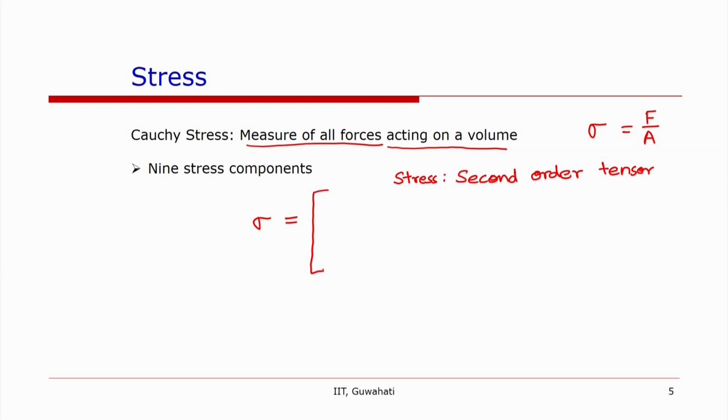If we write this down as a matrix: sigma xx, sigma xy, sigma xz, sigma yx, sigma yy, sigma yz, sigma zx, sigma zy, and sigma zz.